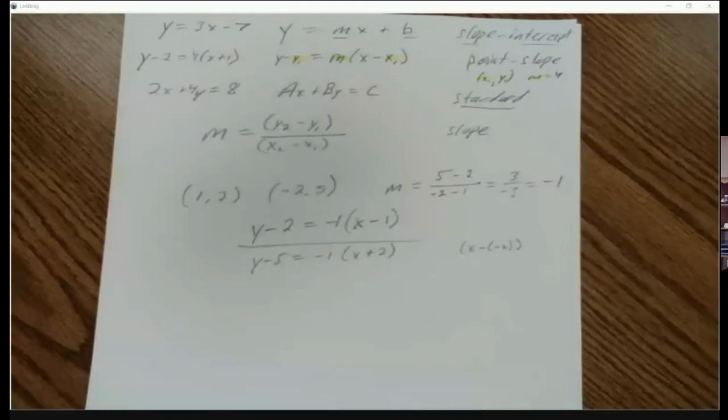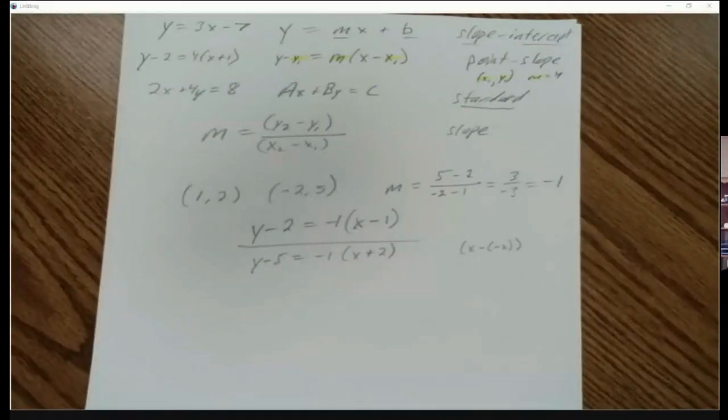So with point slope, we could even pick a new point. We could pick any point on that line and use that to write the equation of the line. We could also figure out the slope, calculate the y-intercept, and write the y equals mx plus b method. But we don't really have to do that because point slope is perfectly fine. That's a perfectly fine way to write an equation of a line.